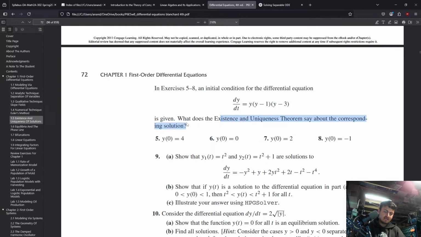And then the other thing that we know is that dy/dt is greater than 0 for y... wait, hold on.